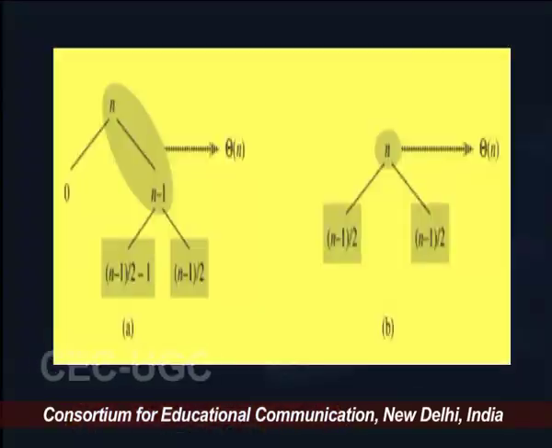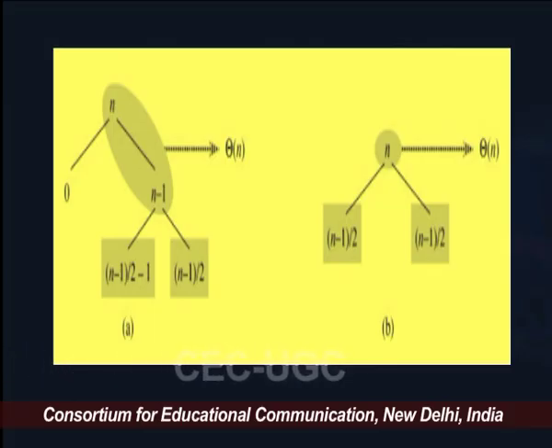In the figure, n is divided into 0 and n minus 1. The first level is a worst case split, but then n minus 1 is again divided into two balanced partitions: (n minus 1) divided by 2 minus 1 on one side, and (n minus 1) divided by 2 on the other side.